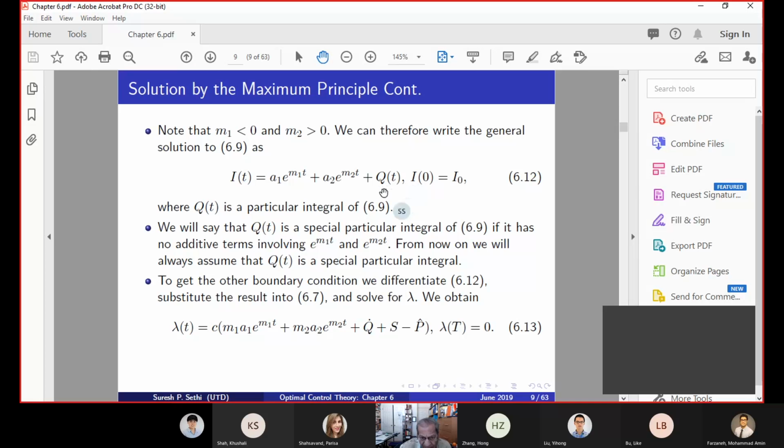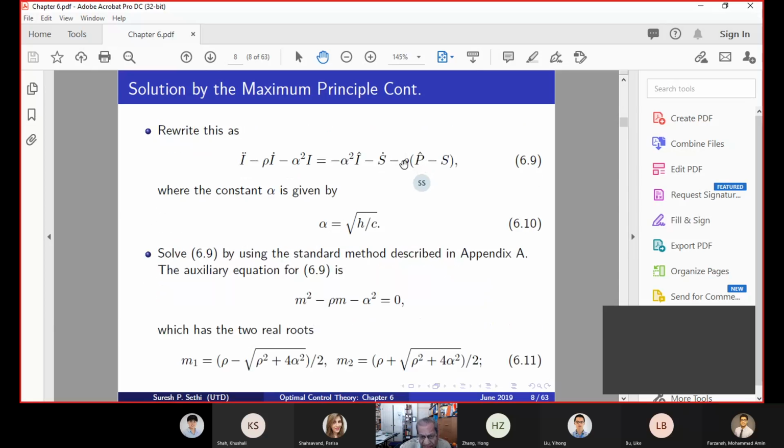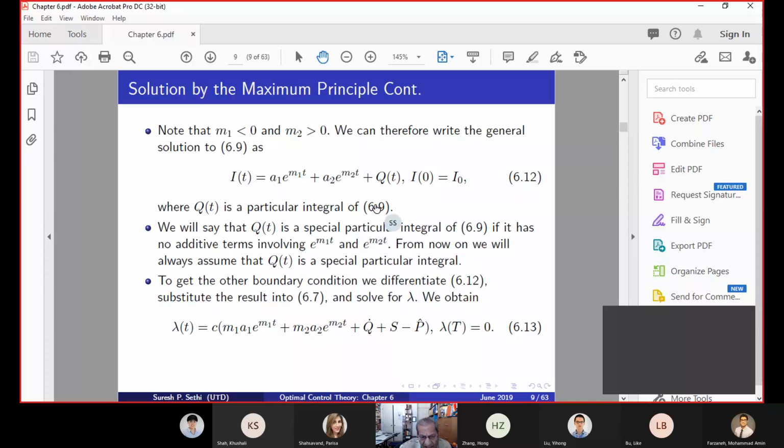Notice that the particular integral comes because of this, and there's a special case of particular integral that does not include terms which have e to the m1 t and e to the m2 t. The reason is if you have some e to the m1 t, it can be brought into this one, and all it means is this constant.